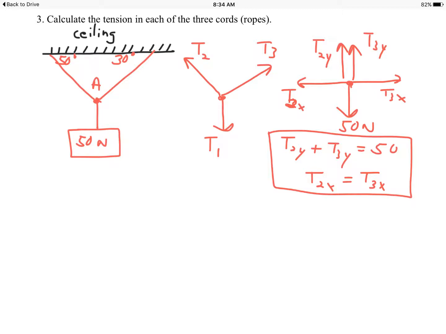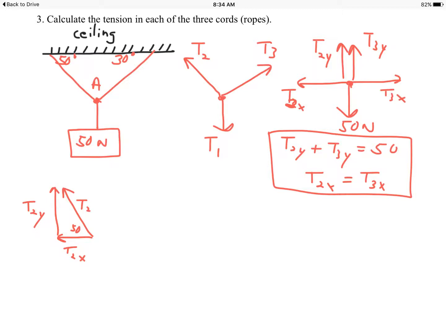I'll do those over here to the left. And T2, that's T2. T2 has a leftward component and an upward component, T2y and T2x. My diagram is not real good as far as scale, but that lower right hand angle right here is 50. That's alternate interior with the one that is in the diagram.